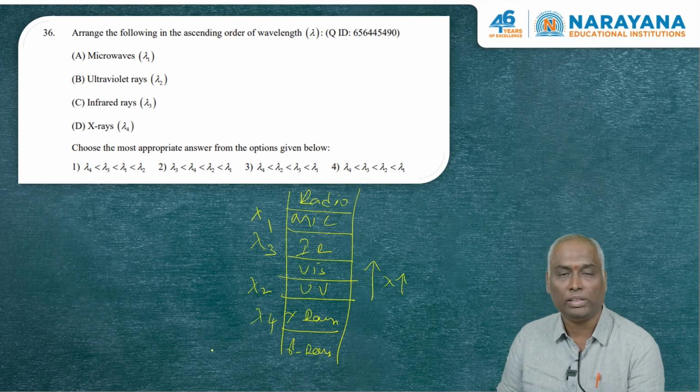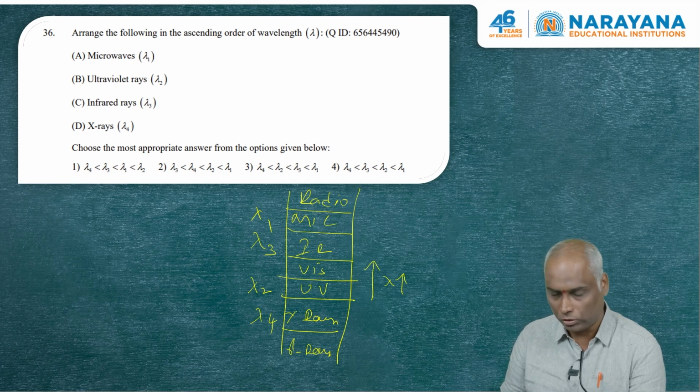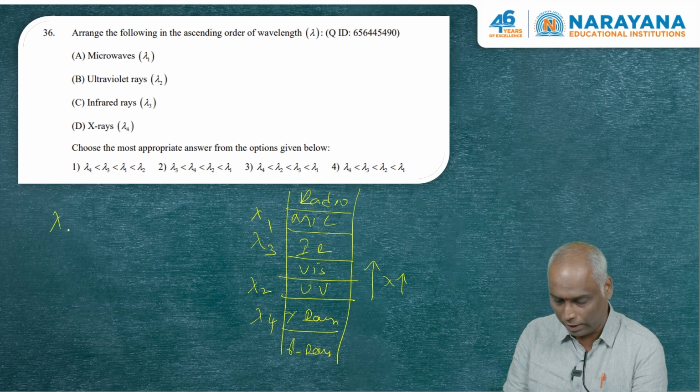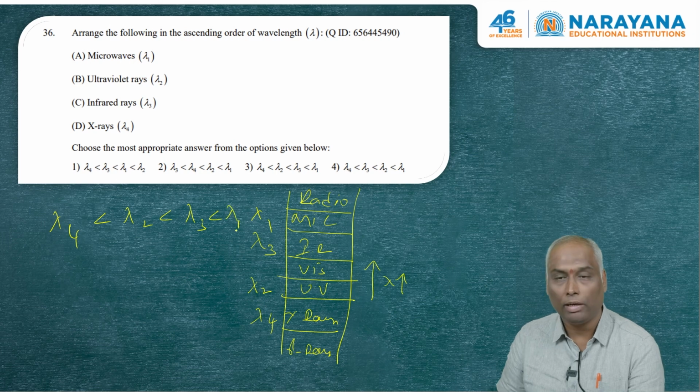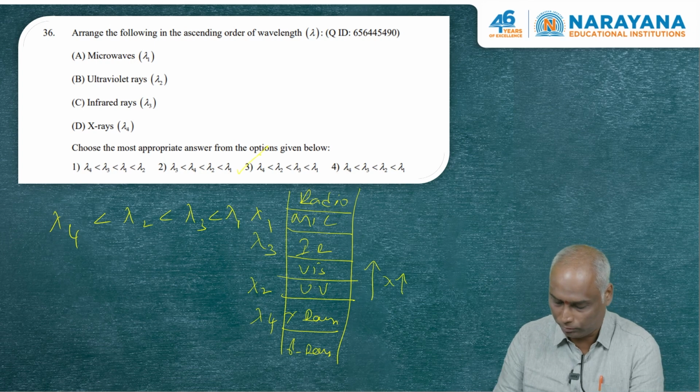Because the wavelength increases in this order, when you are asked for the ascending order, I should start from lambda 4. So lambda 4 is less than lambda 2, which is less than lambda 3, which is less than lambda 1. So the order should be 4, 2, 3, 1. So it is option 3.